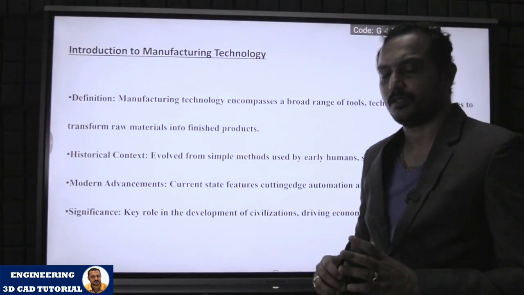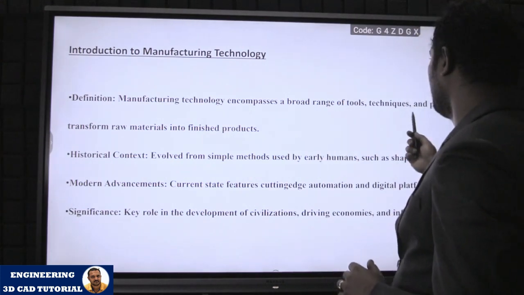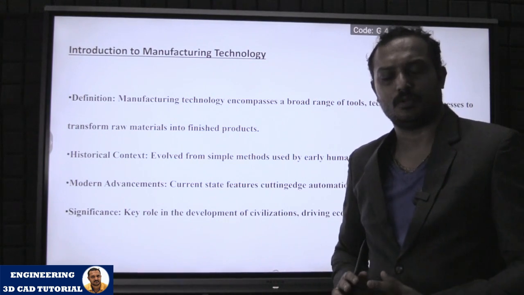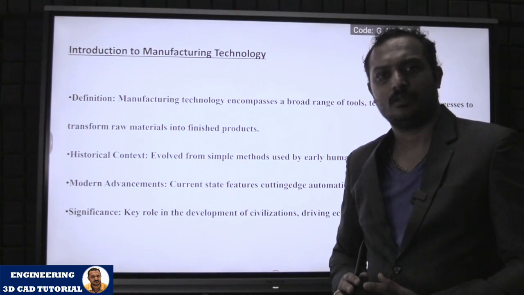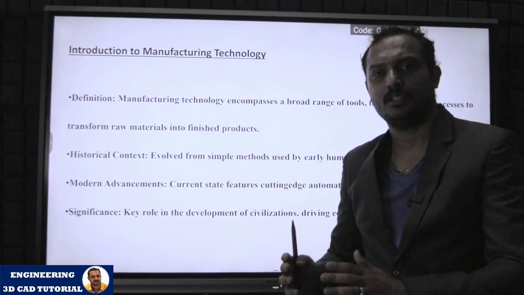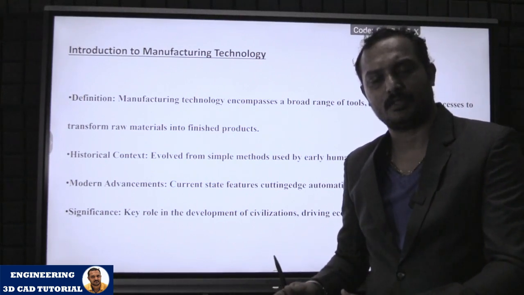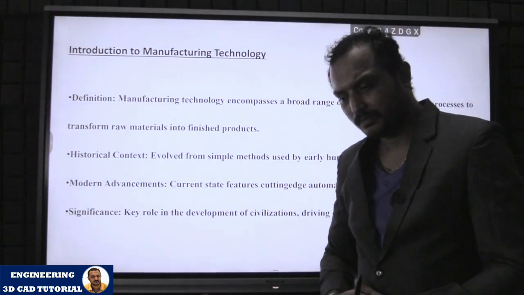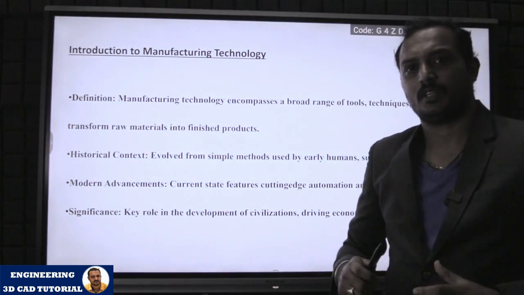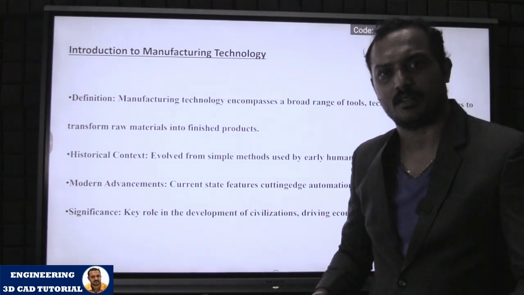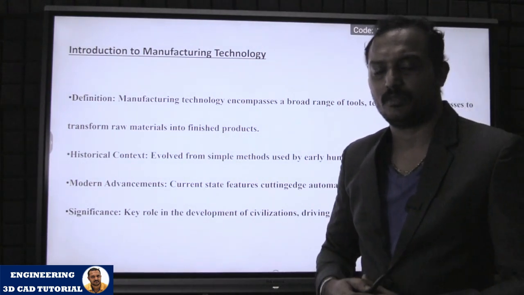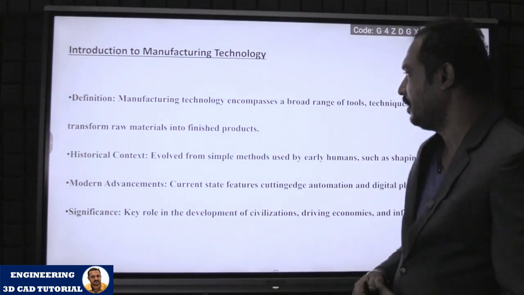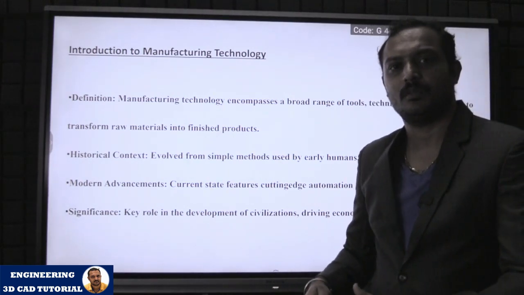I told the process, and the tools. So what is the technique? The technique is how much time it has to be cooked. If you cook more, the taste will become different. For understanding, a blacksmith is heating an iron rod for a certain period of time until it gets red hot, then he will hit it with a hammer.